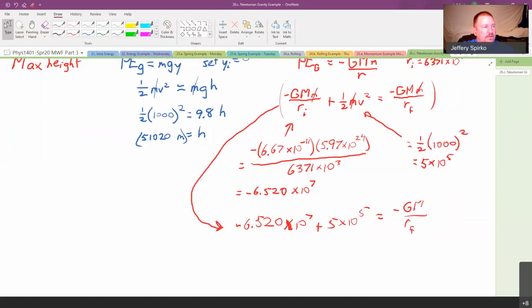So this is 0.5 times 1,000 squared is 500,000, and that plus that is minus 6 point, oh, I'm dyslexic.